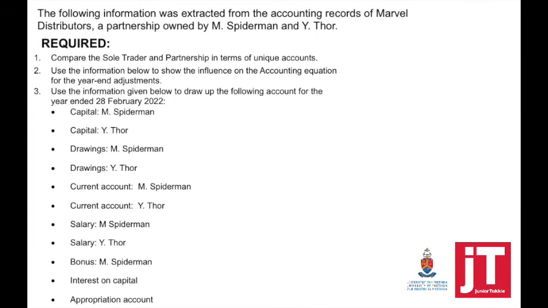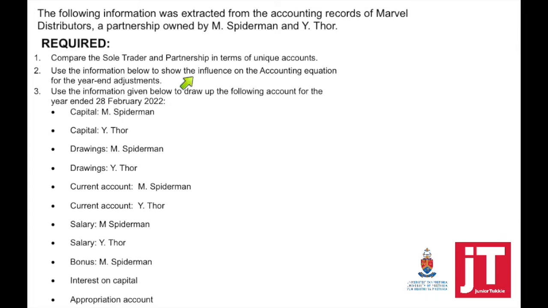Looking now at the activity. The following information was extracted from the accounting records of Marble Distributors, a partnership owned by M. Spiderman and Y4. Required: Compare the sole trader and a partnership in terms of the unique accounts.